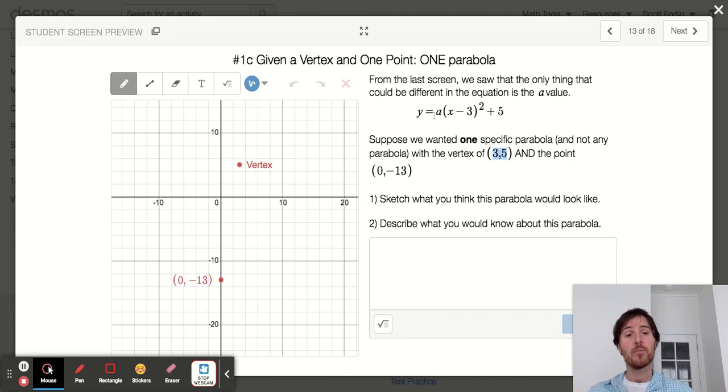Remember, what are the 3 parameters in vertex form? a, h, and k. So if you know what h and k are, and you know what one point on the graph is, you have the vertex, you have a y-intercept, you can figure out what the equation is because you'd have everything you need to know about the vertex form. You know h, you know k, and you know what x is and what y is. You just don't know what a is yet.